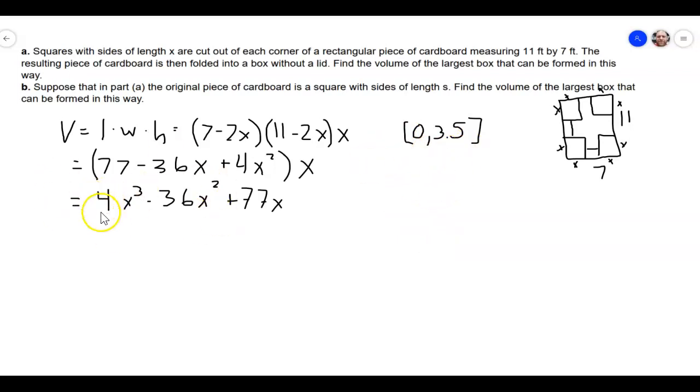Now remember, once we get our objective equation in one variable, what we're going to do is take the derivative of it and set that derivative equal to 0.